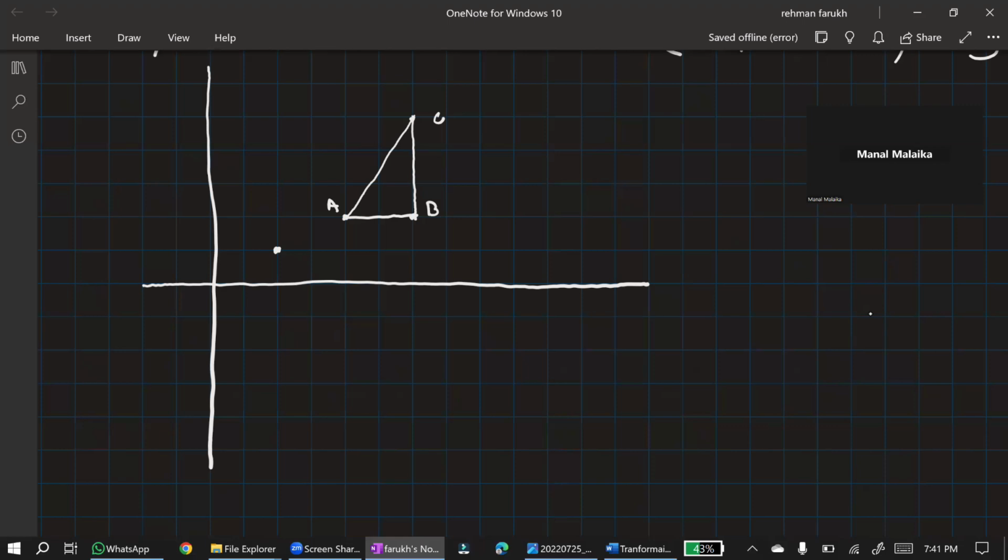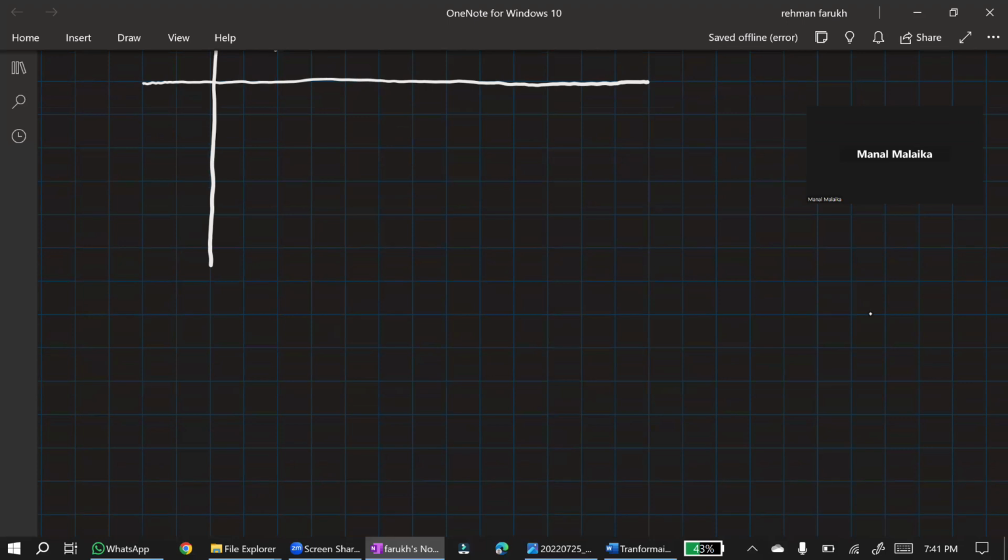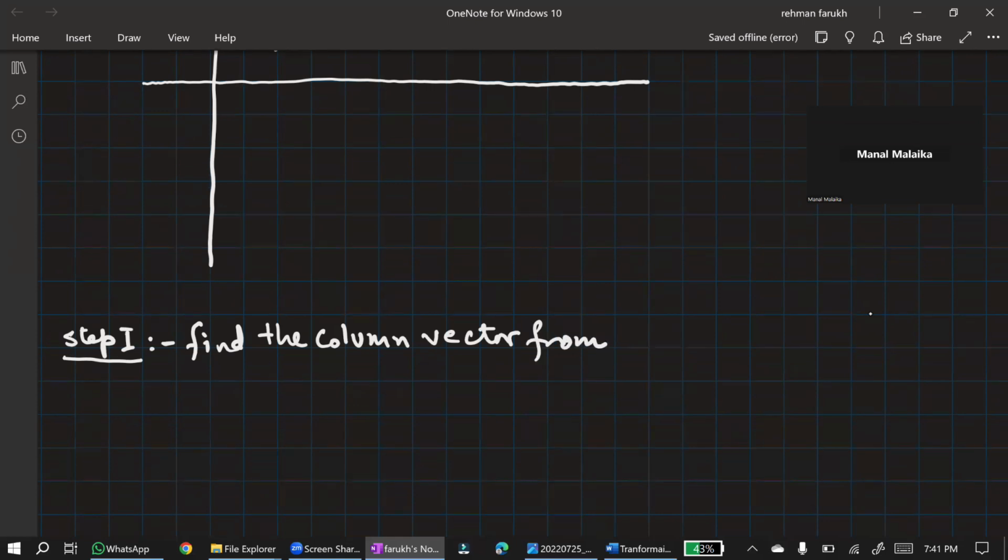Now I will write down the steps. Step number one, find the column vector from center to object.